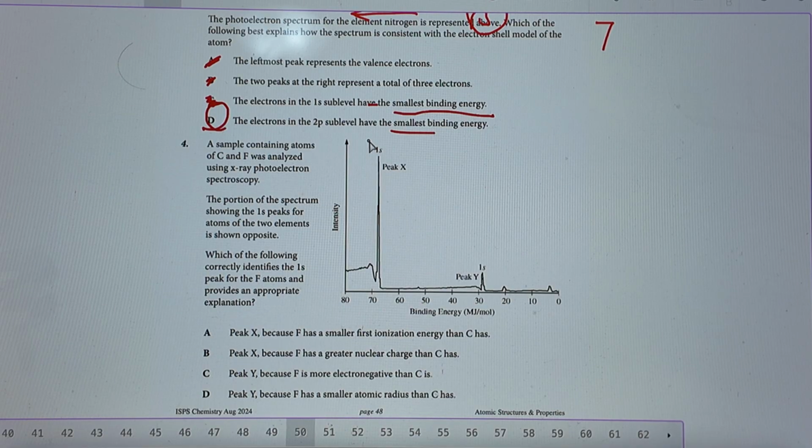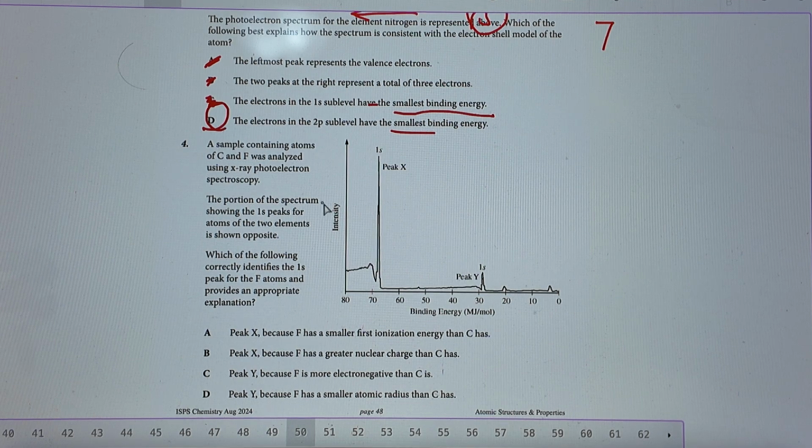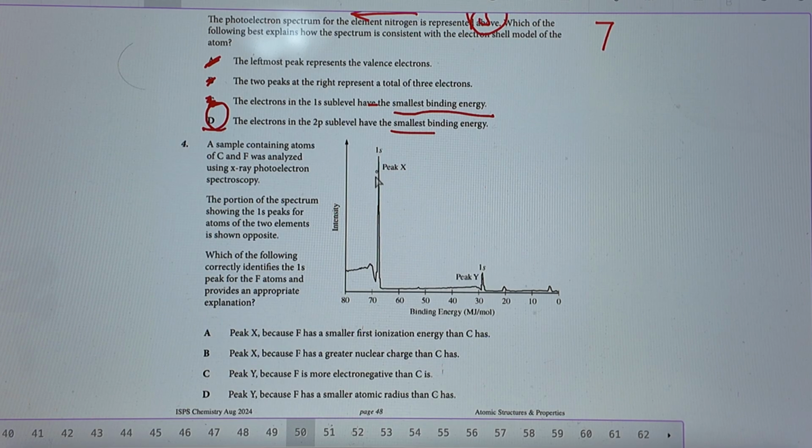Okay, next question. A sample containing atoms of carbon and fluorine were analyzed using X-ray photoelectron spectroscopy. The portion of the spectrum showing 1s peaks for atoms of the two elements is shown opposite. So here's the 1s, this is for one of them, and this here is for the other one.